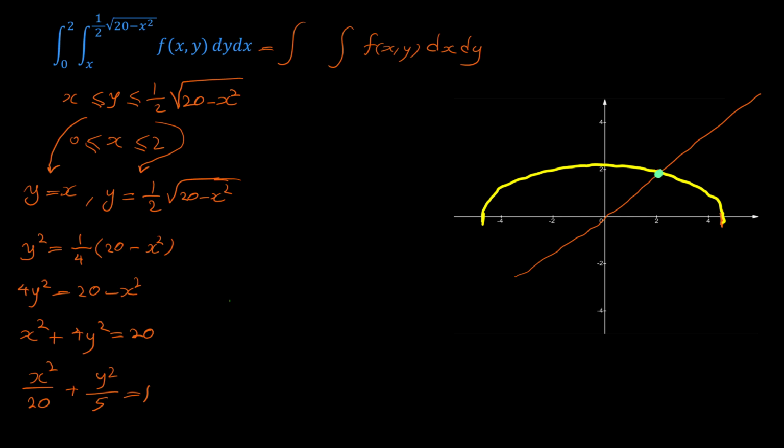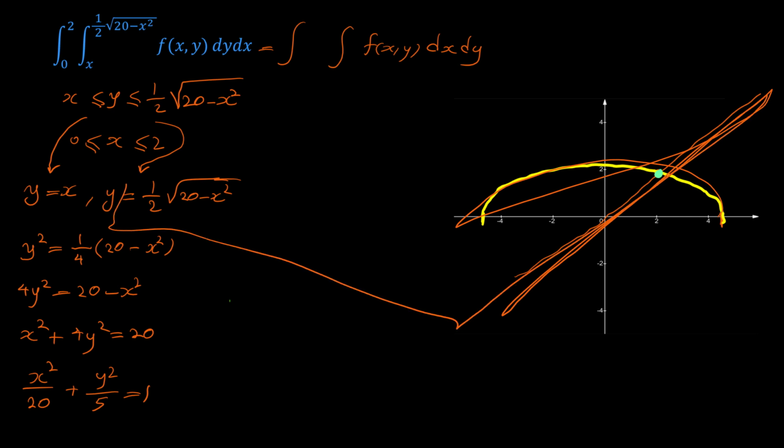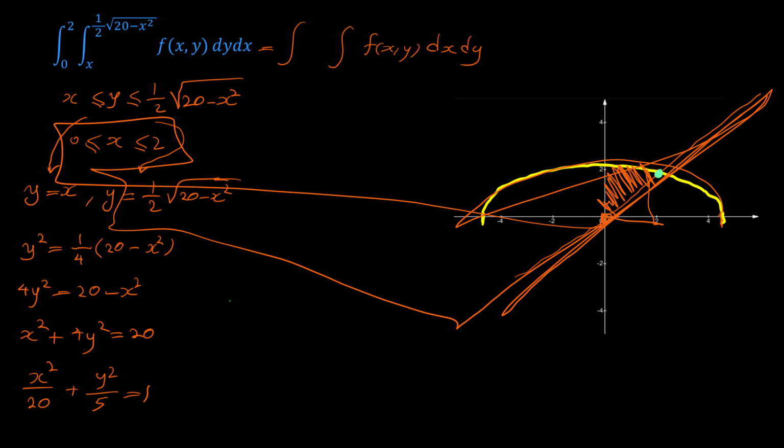So finally, what is the region that these two equations describe? The region is between the ellipse and the line when x is from 0 to 2. So the region is basically here that I am shading right now.